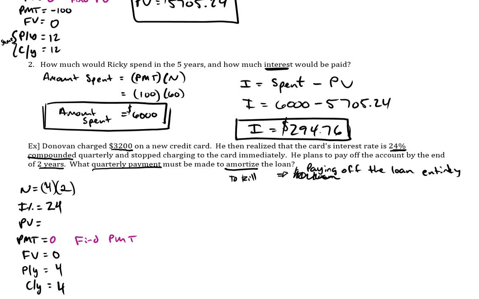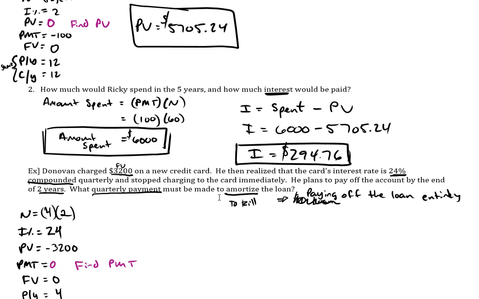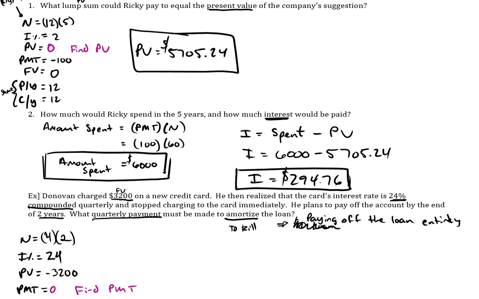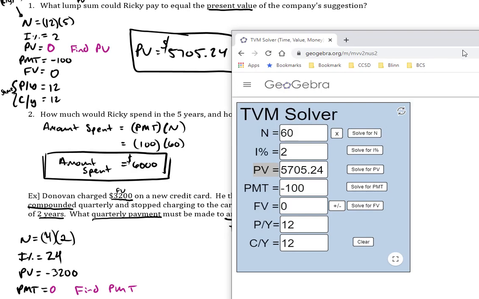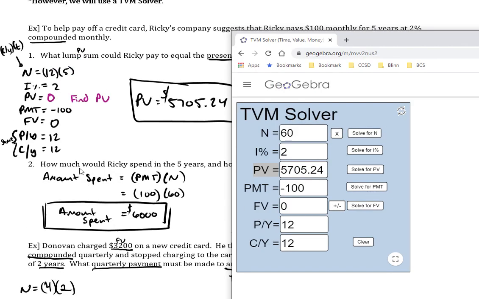All right, so Donovan charged $3,200 on a new credit card. That is the present value. So that is what he presently owes to the card or to the company. Okay, and so we'll go ahead and do a negative 3,200. In the last problem, the negative is just the way the calculator is programmed in the TVM solver. On this last problem, just real quick back to this, here I used a payment of negative 100.